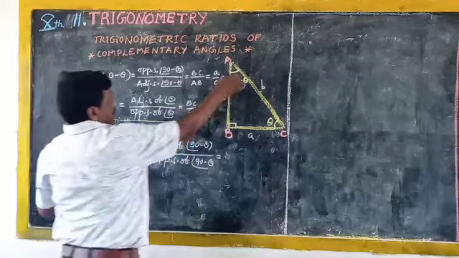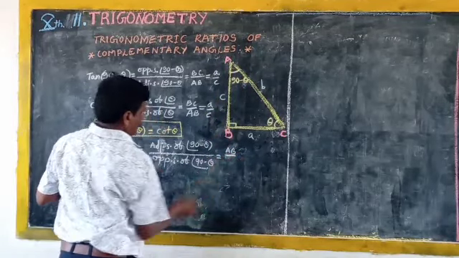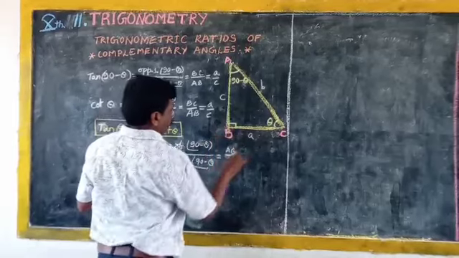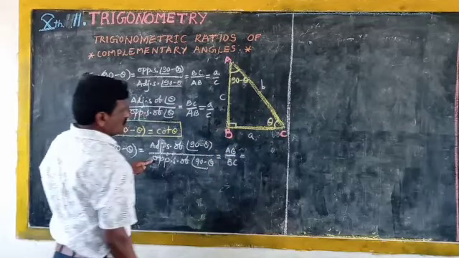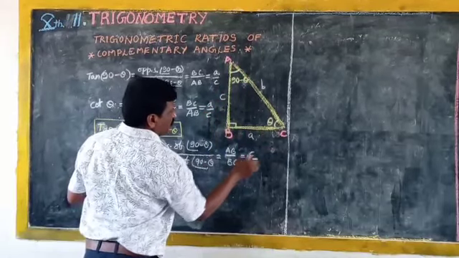Cot 90 minus theta: adjacent side AB, opposite side BC. So AB is equal to C, BC is equal to A.